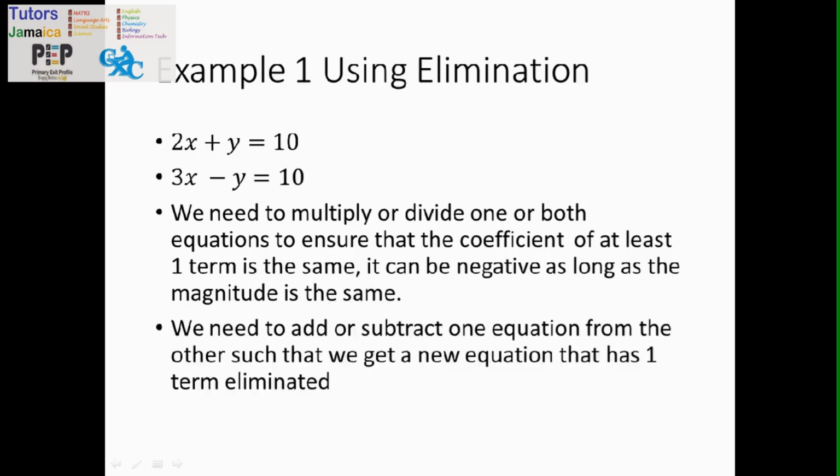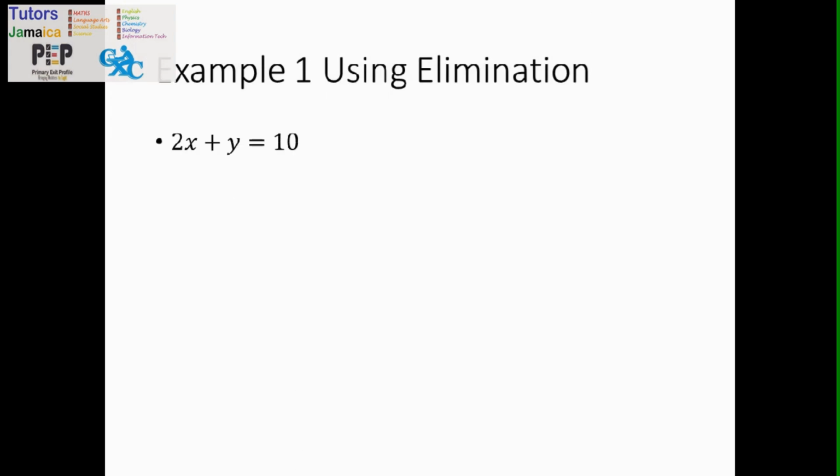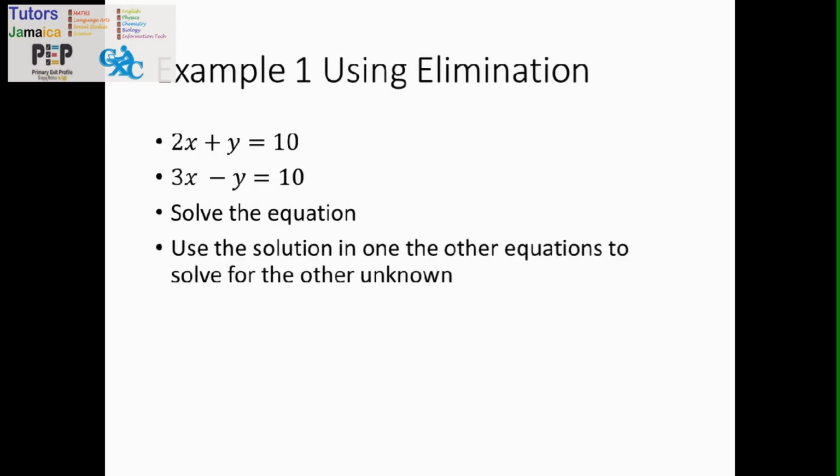So we need to add or subtract one equation from the other, such that we get a new equation that has one term eliminated. So in this case, we're going to have to add.